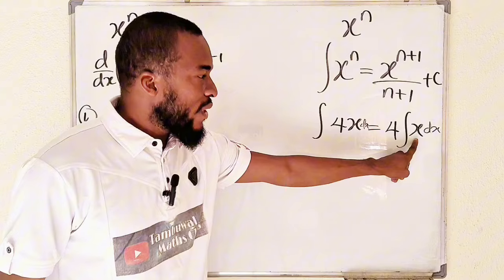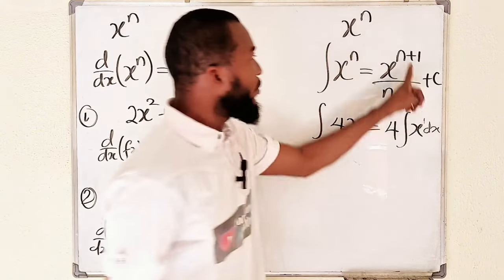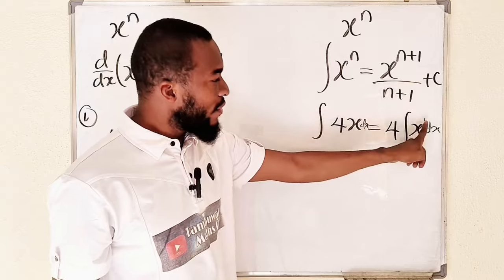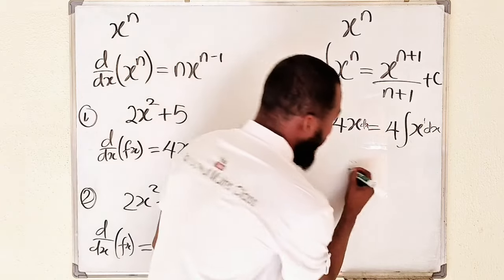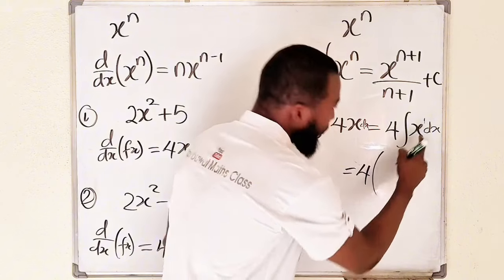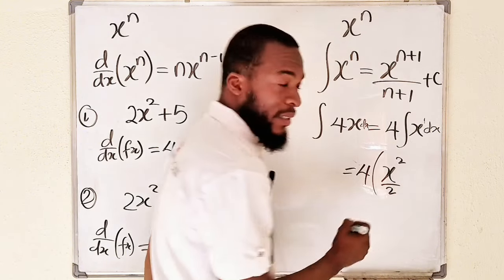If you integrate this, you know naturally it has a power of 1, so our n is 1. So we have n plus 1, 1 plus 1, making 2. So this is 4 multiplied by x to the power of 2 divided by 2, right?